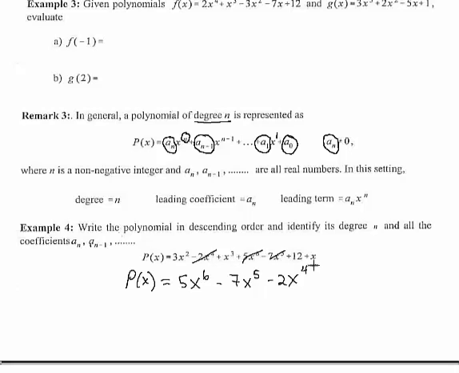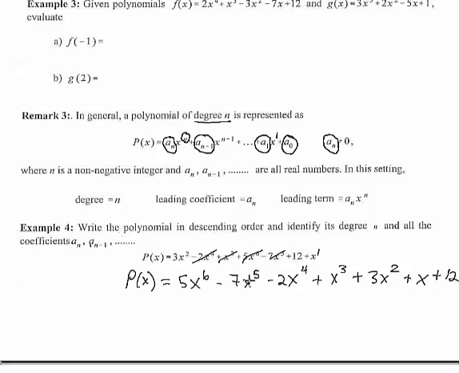4, 3, 2, 1. So x to the 3rd comes next. Then we have plus 3x squared. 3, 2, 1. And this is our term with the power of 1 for the variable, plus x. And then we write plus 12 on the end.